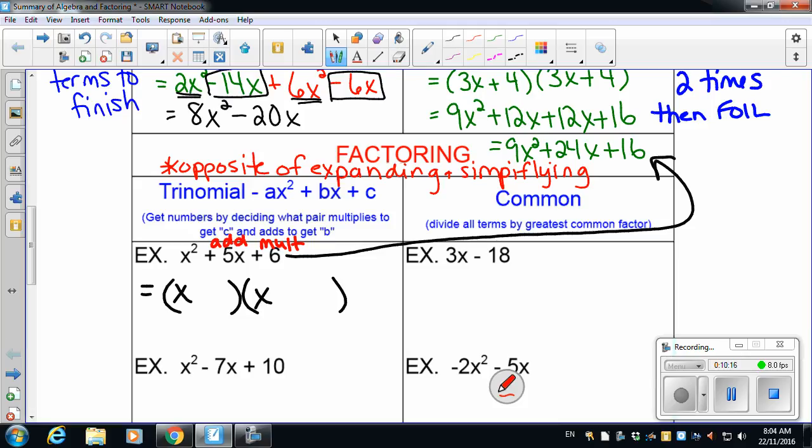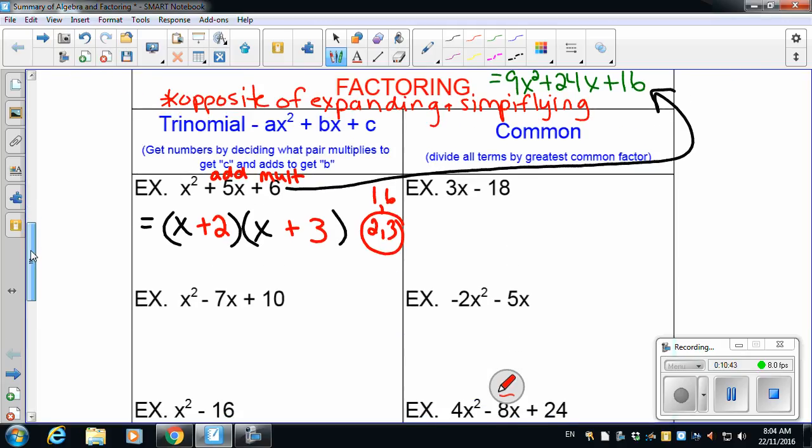And you can make a whole list. 1 and 6, 2 and 3, -1, -6, -2, -3. But I know from practice, the numbers I'm looking for are 2 and 3. Because if I do 2 times 3, I get 6. And if I do 2 plus 3, I get 5. There's my factors. So to factor a trinomial, it's the opposite of FOIL.